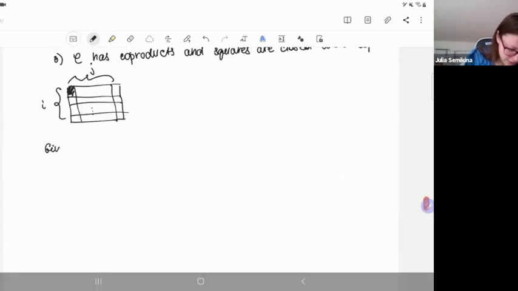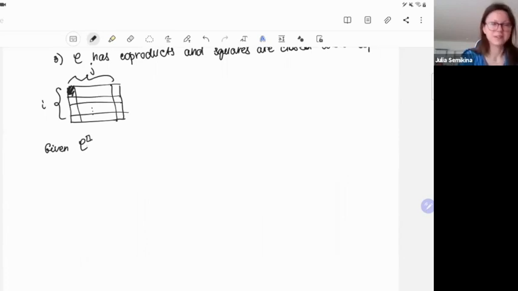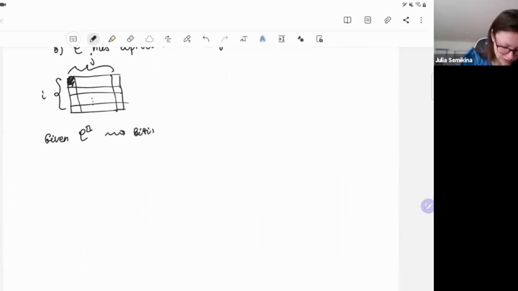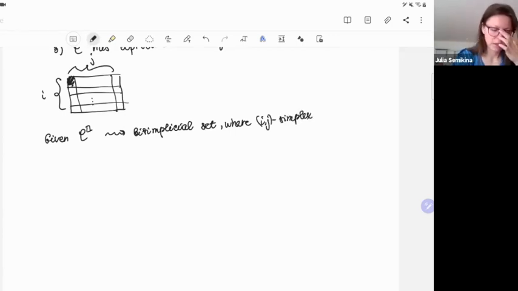So given C square, a category with squares, this is my notation, we can consider this bisimplicial set where an ij simplex is given by an i times j square like this.